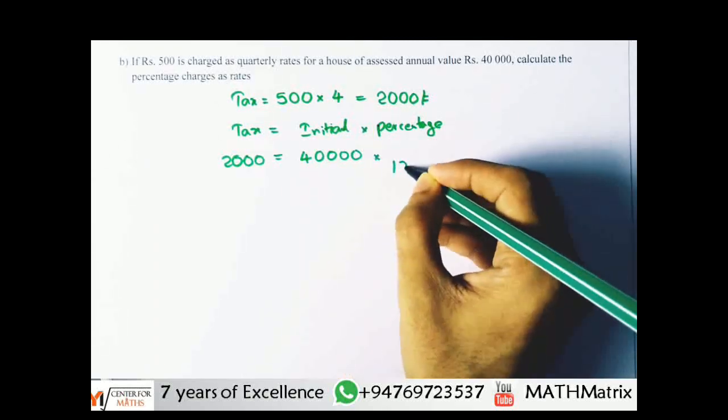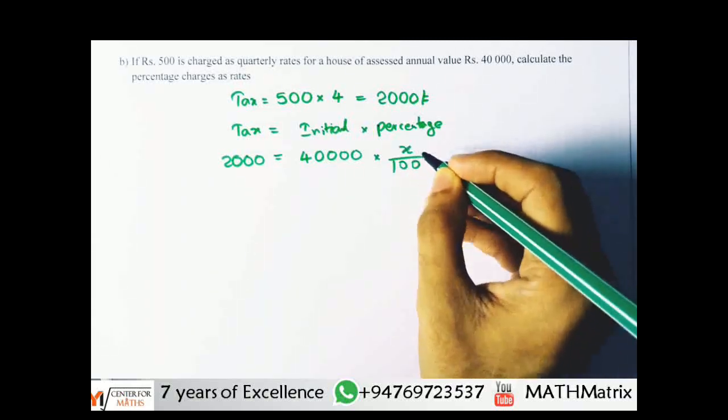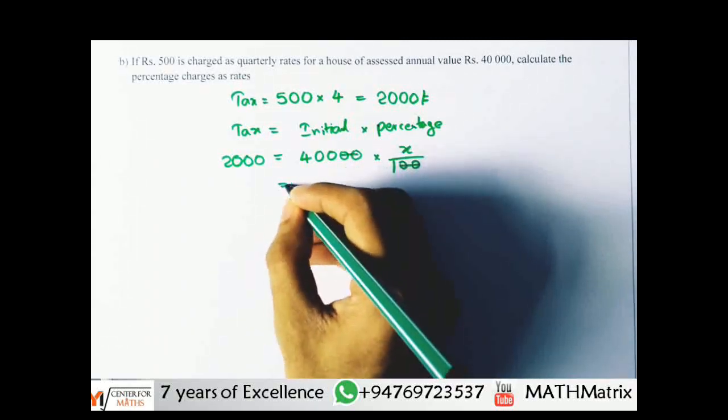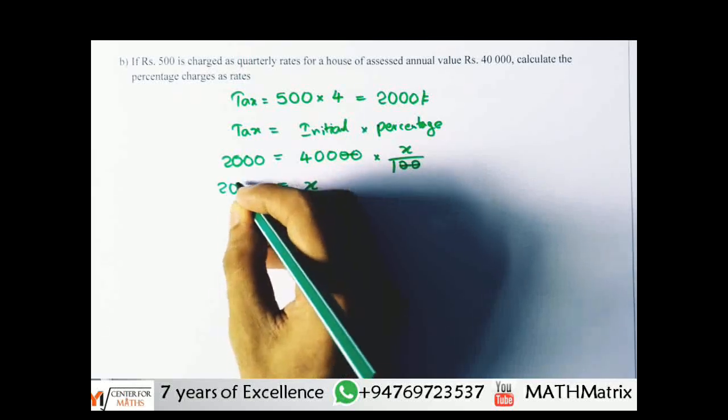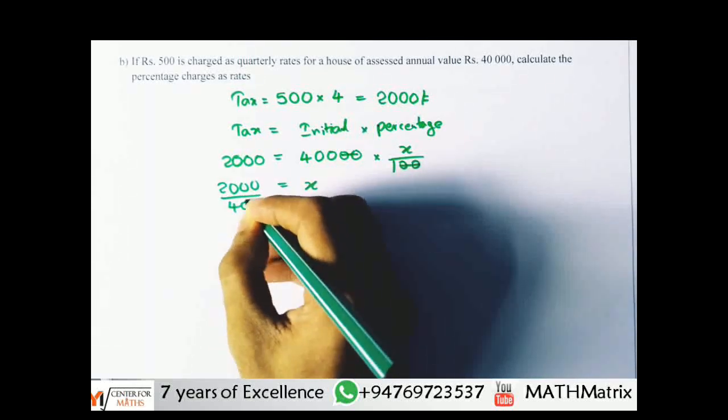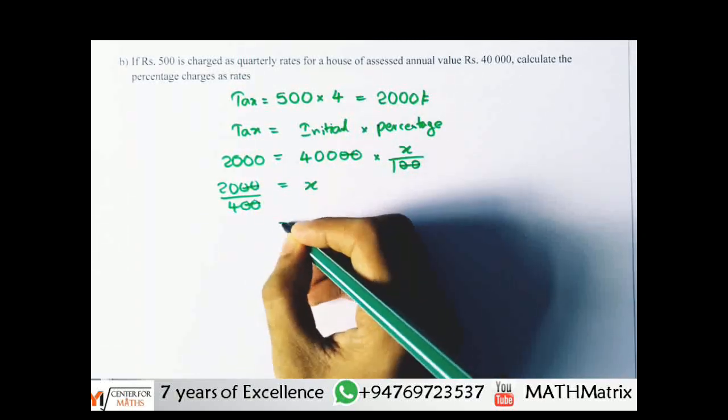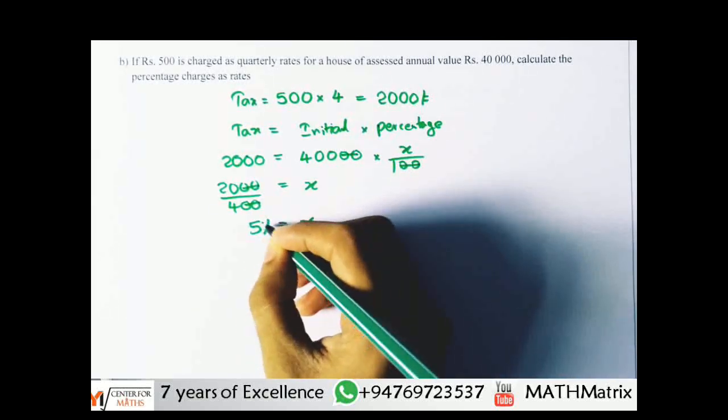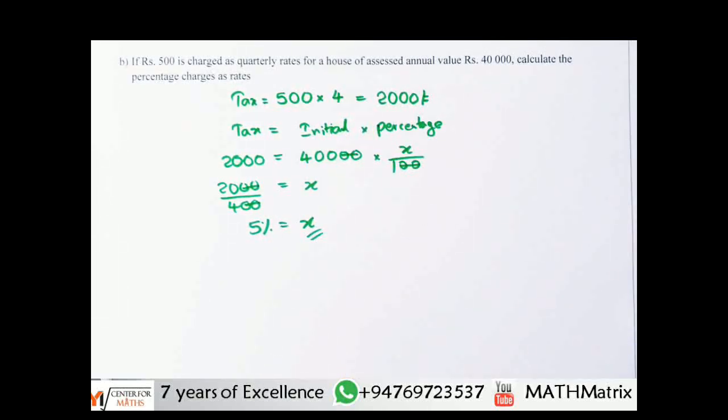And the percentage, how to find it? We just mark this as x over 100. Double zeros cancelled. 400, if we take that to the left side, there will be division. Double zeros cancelled. So 20 divided by 4, the answer is 5%. That's it. So now we'll move to the last question.